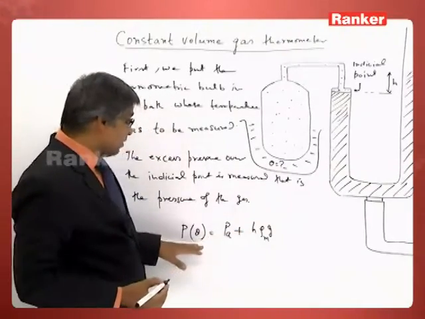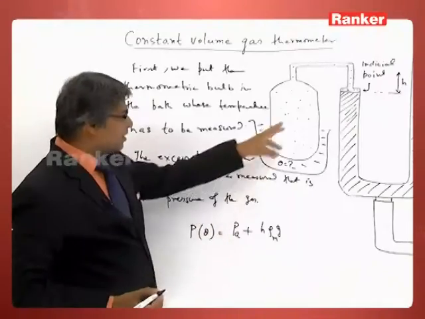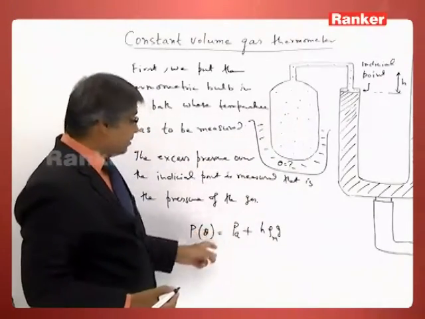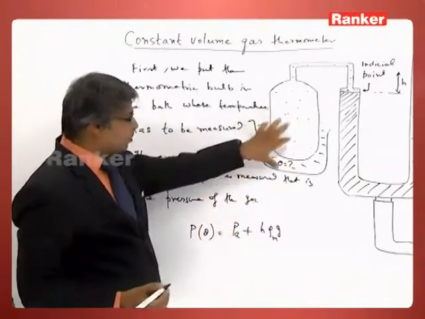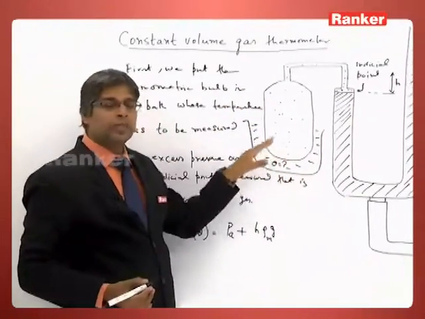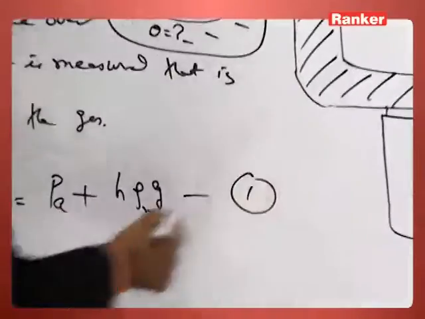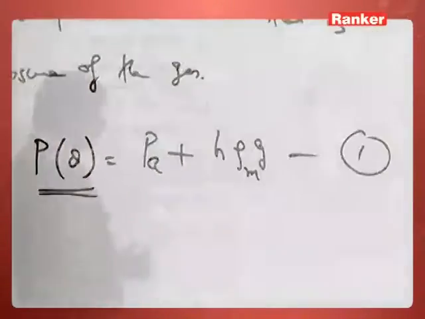So this is the way in which first we will determine the pressure of the gas when this bulb, thermometric bulb, is kept in a bath whose temperature has to be measured. So this is equation number 1. We will call this P theta.